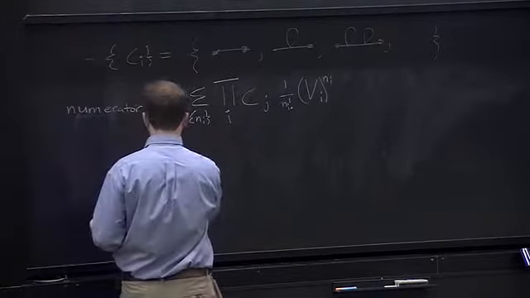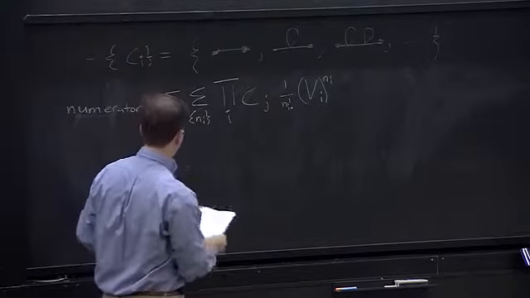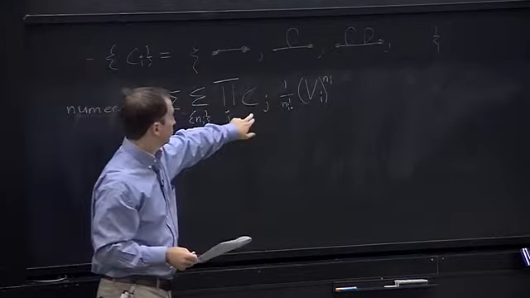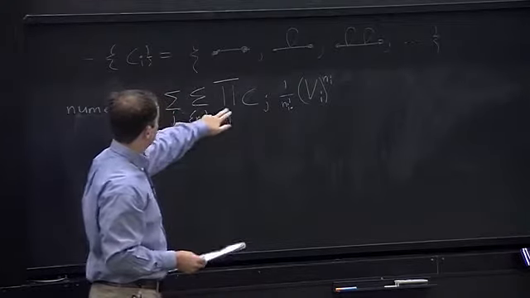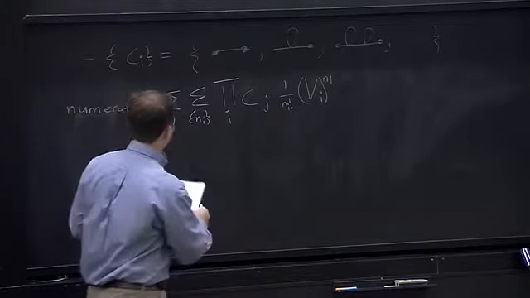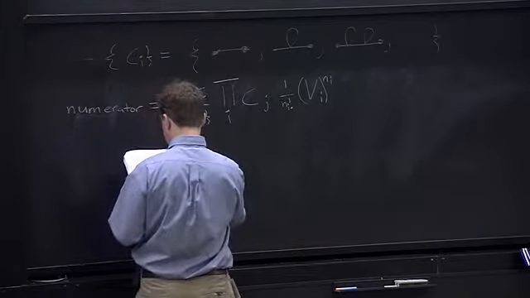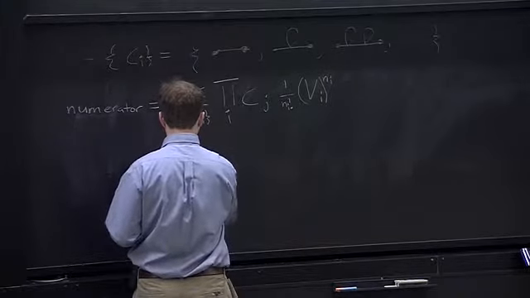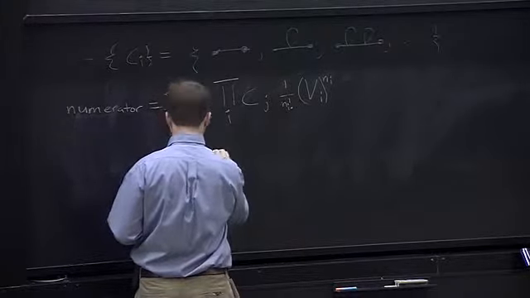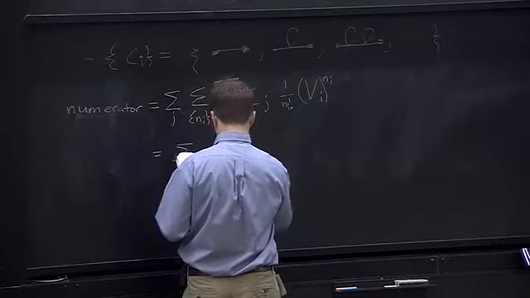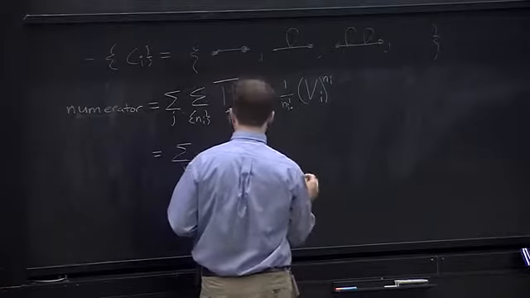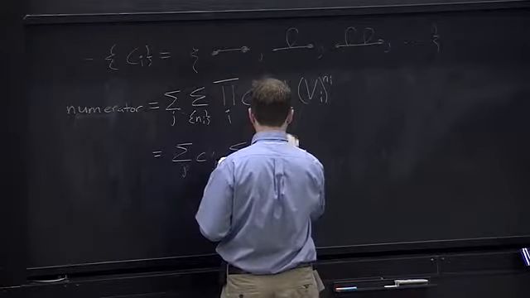And we can then just pull out this factor Cj. The sums and products are independent of j. So we can write this as the sum over j of Cj times basically what we had before.